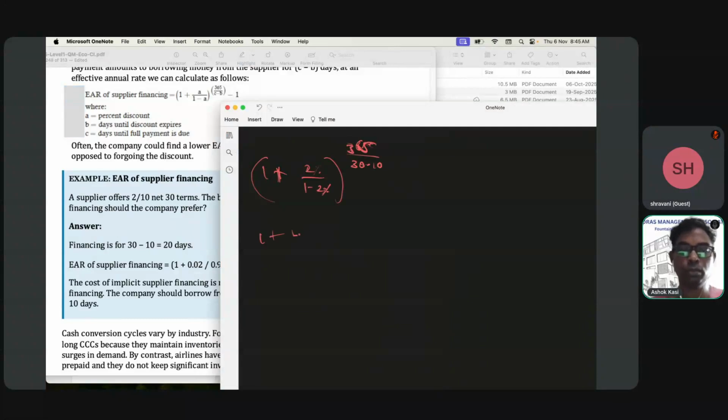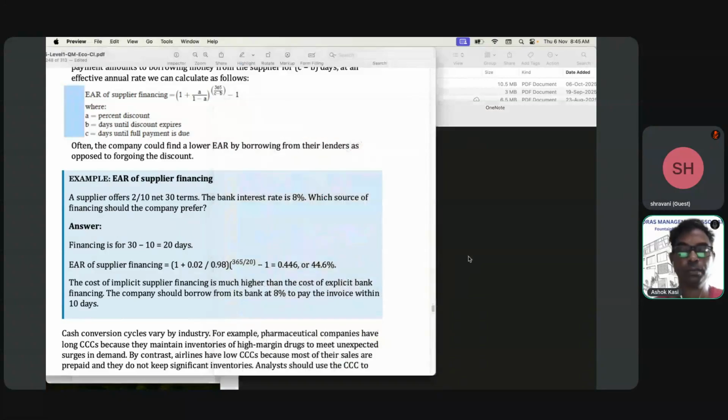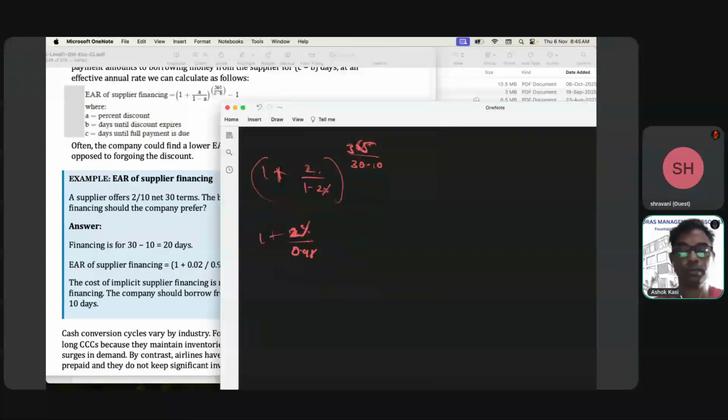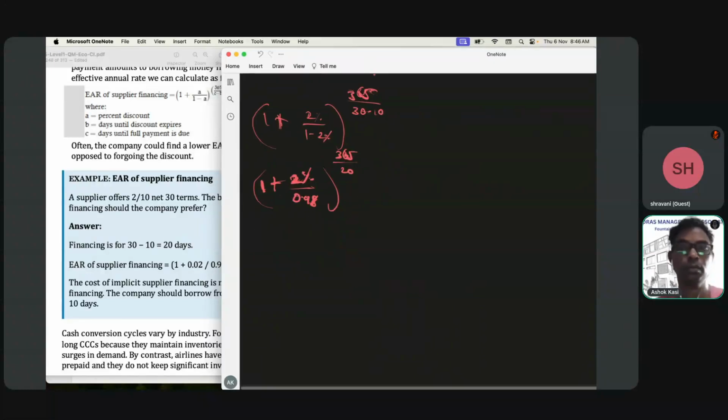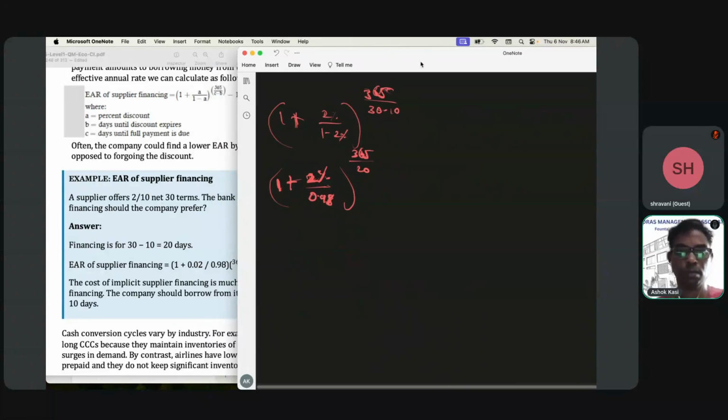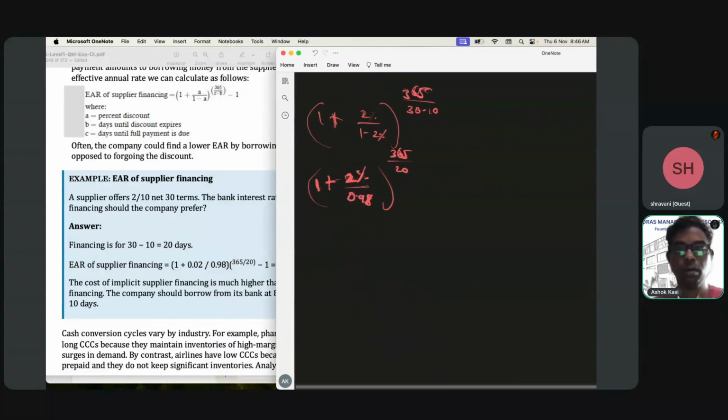So (1 plus 2% divided by 0.98) raised to 365 by 20, and then minus 1. This is the formula, if you want to go by the formula.